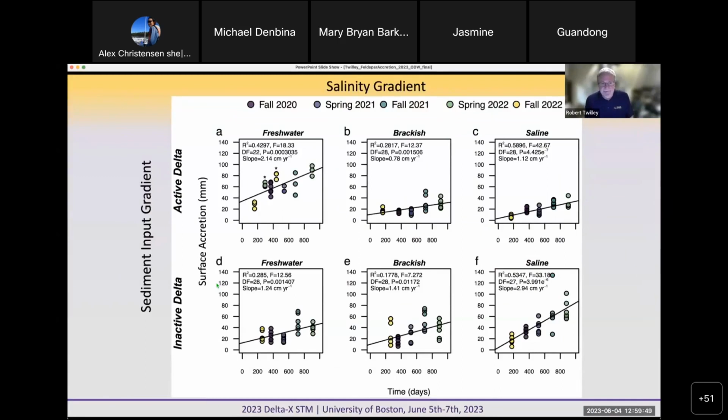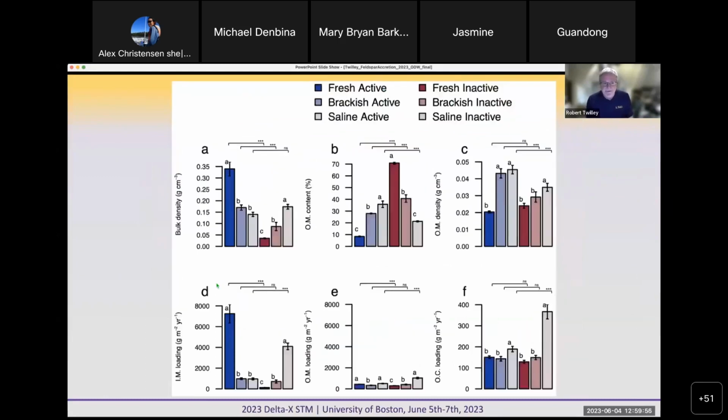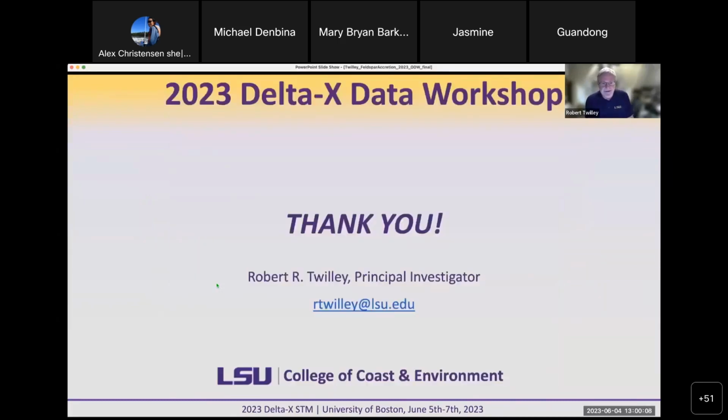You can plot surface accretion versus this length of time, and of course that will give you accretion rates. And so here's the type of analysis that's available by the data set that we've posted, which you can look at trends, and I'll talk about these in my 30-minute presentation. So that's a quick overview of our data sets we've collected. Thank you very much.